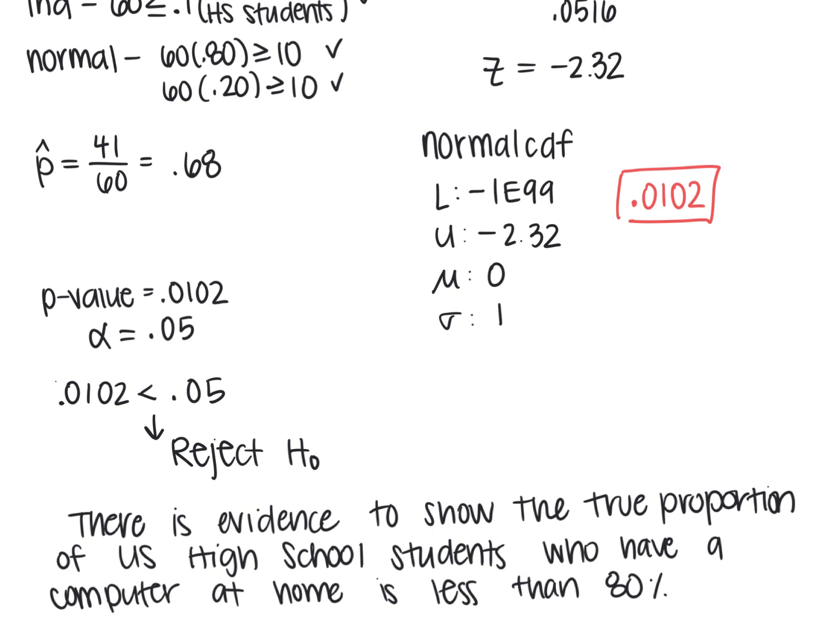The only other thing I want to cover here is how to perform a significance test in your calculator. So everything I just did when I calculated my z-score, I used normal CDF to calculate my p-value. That is one option. But to avoid rounding, there is a second option.